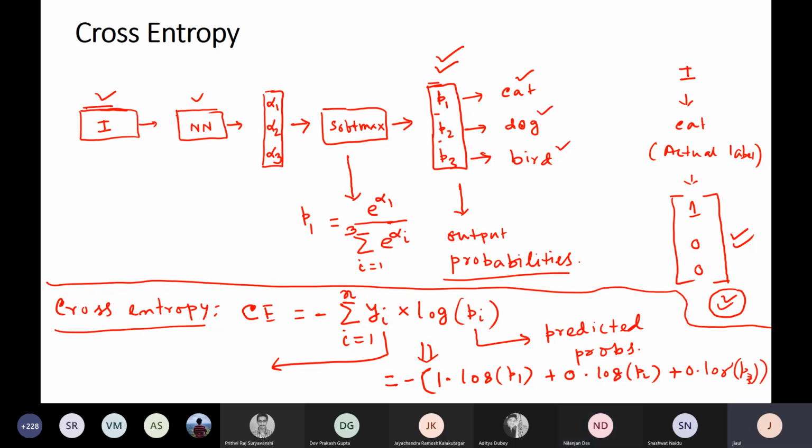Oh, okay. There are different kinds of activation functions. For example, if you take ReLU, some of these alpha values could be 0. So that might create a problem.